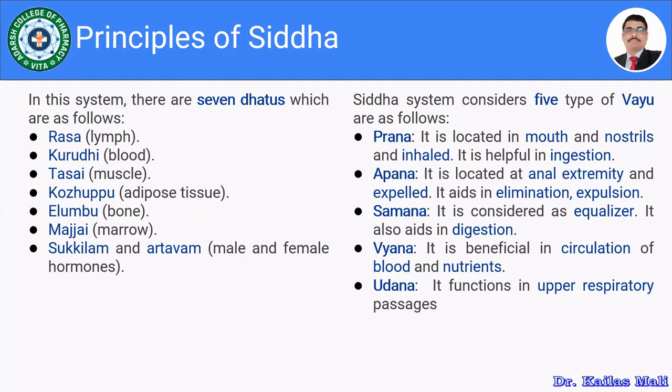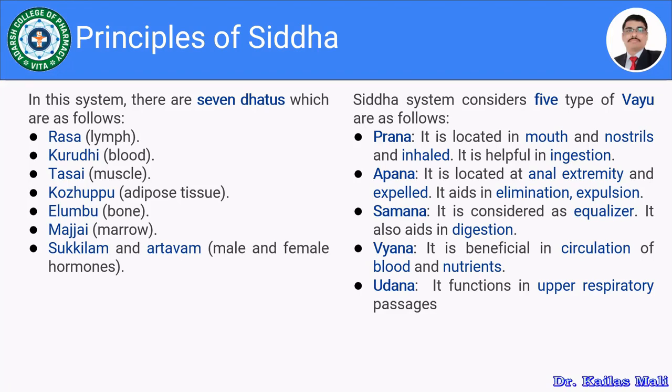So rasa, that is the lymph, then purudhi, that is the blood, then tasai, muscle, then kozuppu, that is adipose tissue, then ilumbu, bone, then majjai, marrow, sukkilam and artavam, that is the male and female hormone. So these are the 7 dhatus considered in the Siddha system of medicine: lymph, blood, muscle, adipose tissue, bone, marrow, male and female hormone.